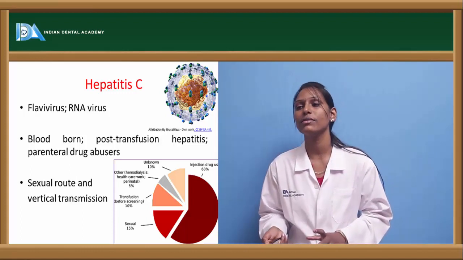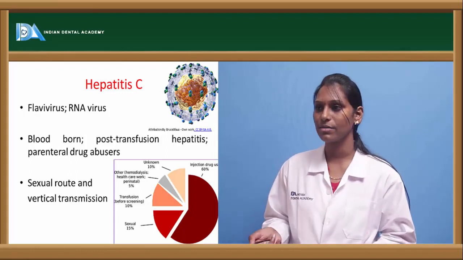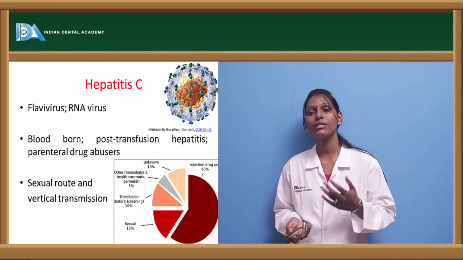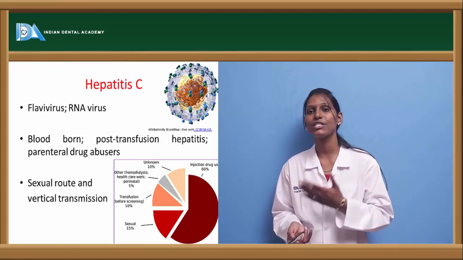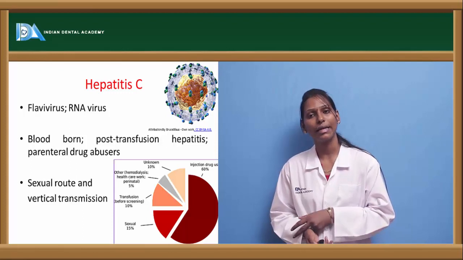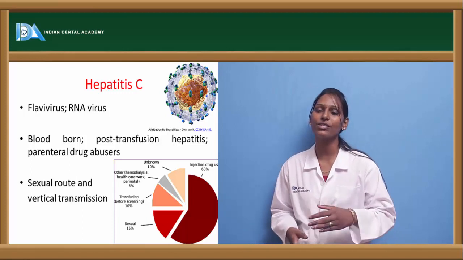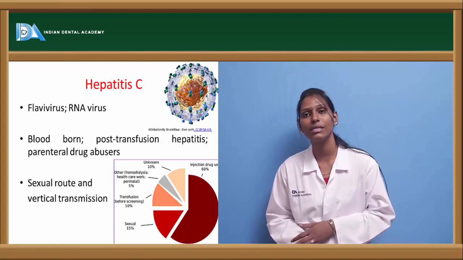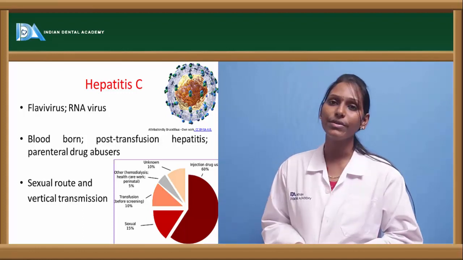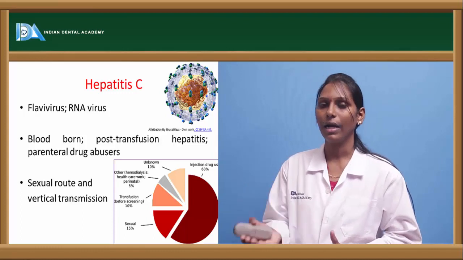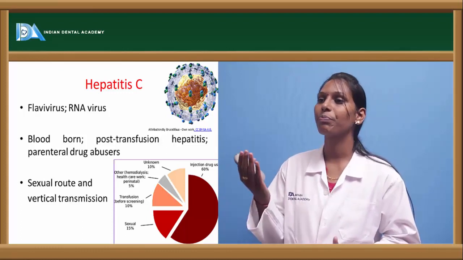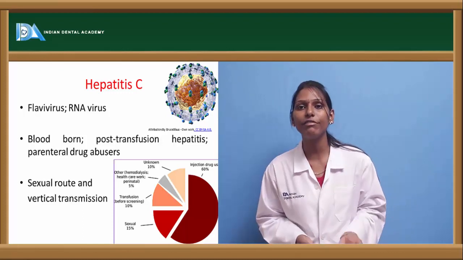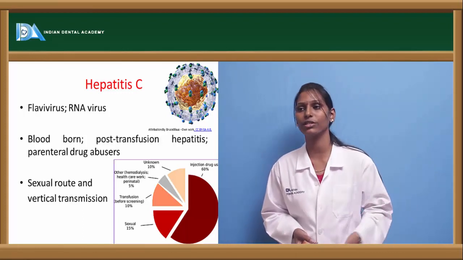This figure shows the various routes of hepatitis C transmission. In about 60% of patients, the transmission is by injection drug use, that is, drug abuse or multiple use of syringes rather than disposable syringes. About 15% is because of unprotected sexual intercourse, and about 10% is because of transfusion, where the blood is not screened for hepatitis viruses before transfusion.